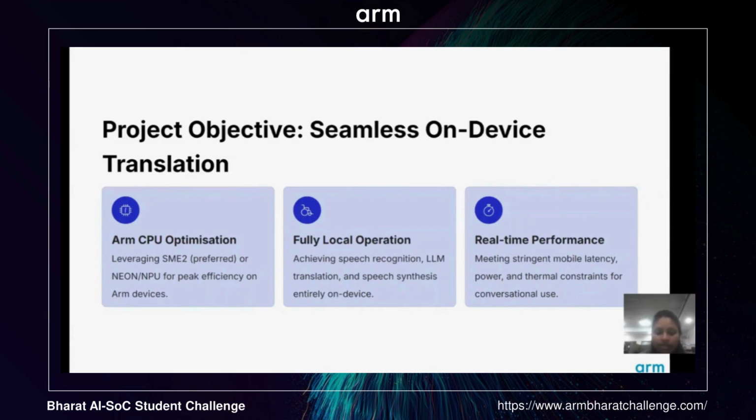Real time performance: the system should meet conversational latency while remaining power and thermally efficient. That said, you are not constrained to only these approaches. As long as the mandatory requirements are met, you are free to explore additional techniques, optimizations, or architectural ideas.